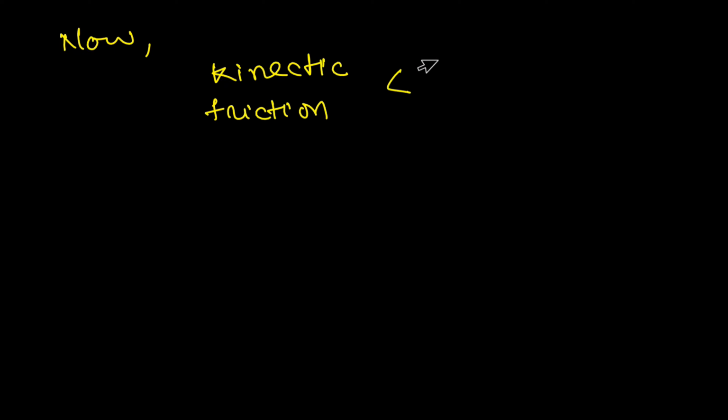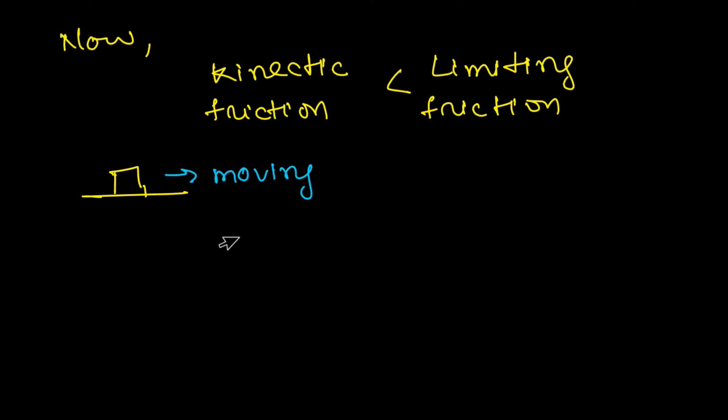Now, one point to be noted is that kinetic friction is less than limiting friction. This is because once the body has started moving, the inertia of rest has been overcome.